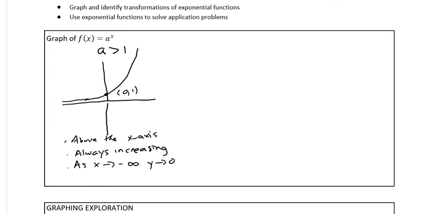Now the second possibility here is that a is between 0 and 1. A is never negative. You're not going to have a negative base. But if you have a between 0 and 1, like a half or 0.5, 0.25, then the graph is going to be kind of a mirror image and do the same thing.